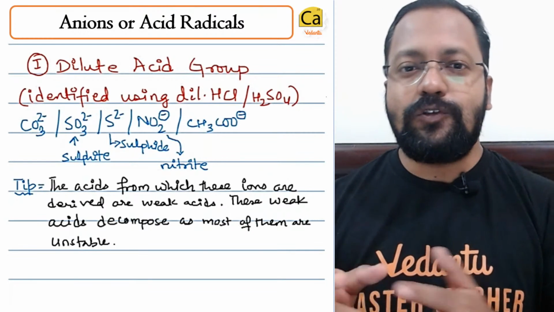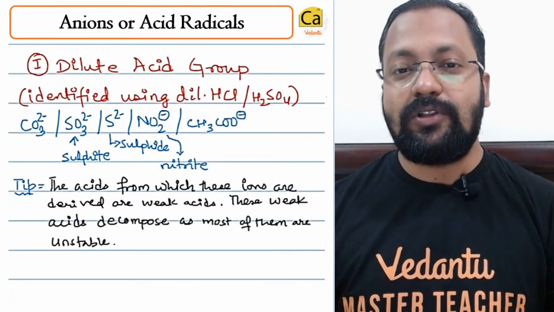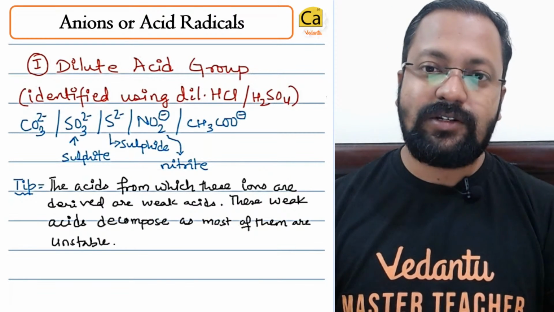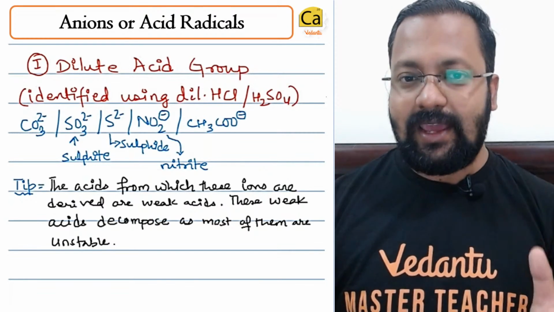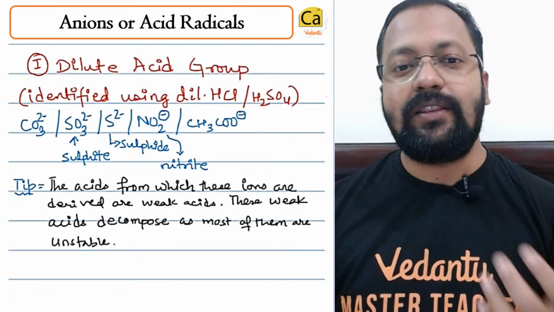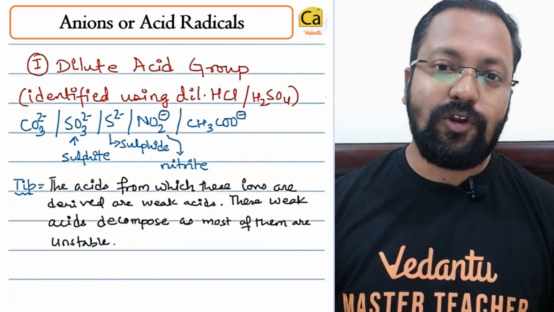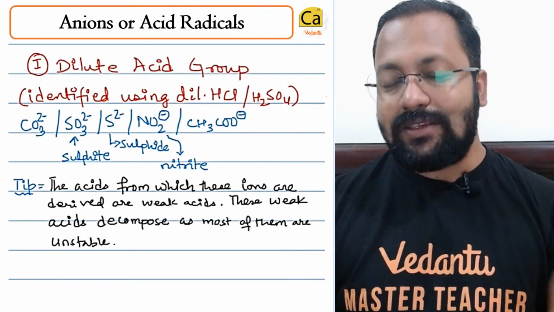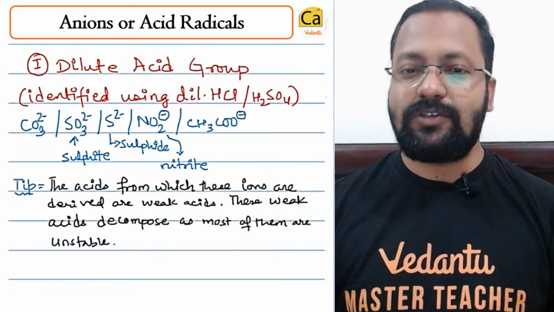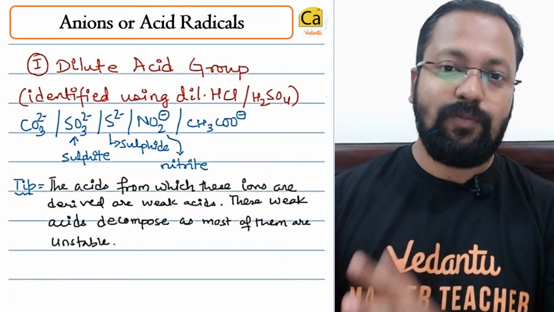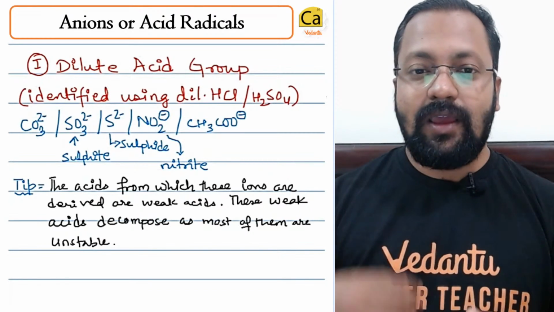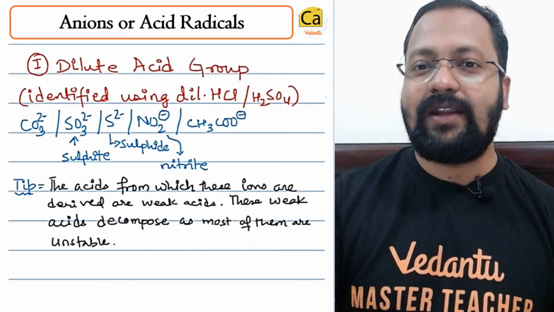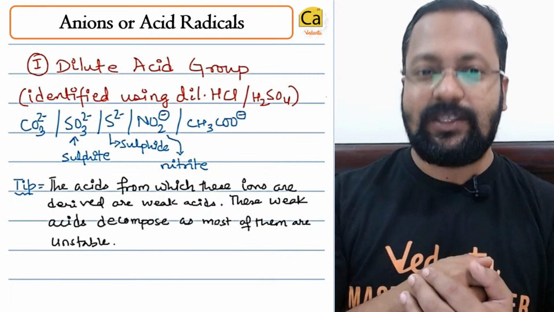These are conjugate bases of weak acids. And so these anions which are included in the dilute acid group are strong bases, or more stable. They have a high tendency to accept a H plus ion.